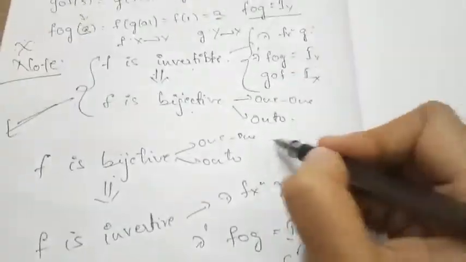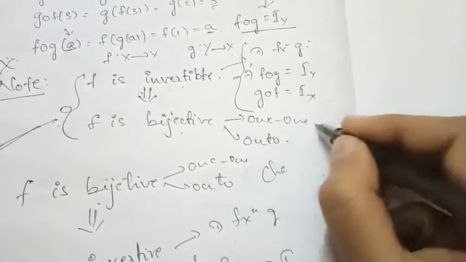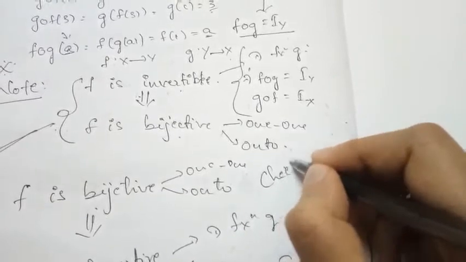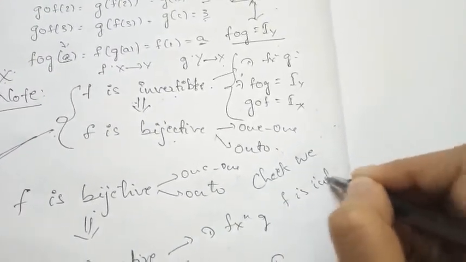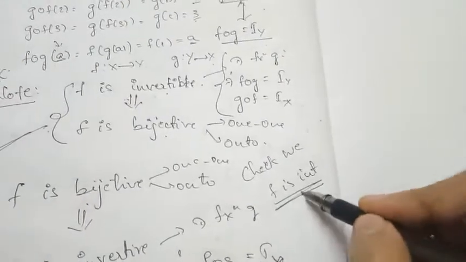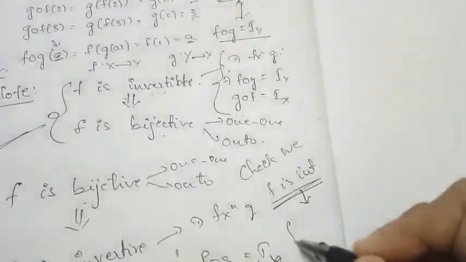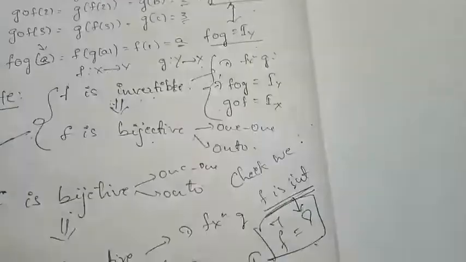This concept is very useful when there is a question like, check whether the given function f is invertible or not. They have only asked to check whether it is invertible. You need not find the inverse function, since they didn't ask for it.